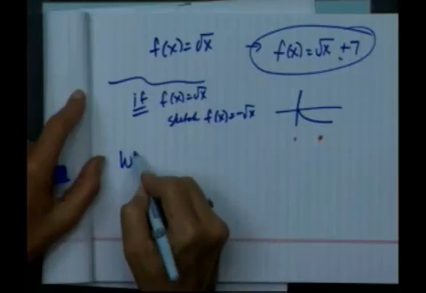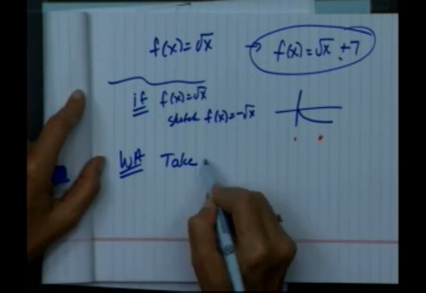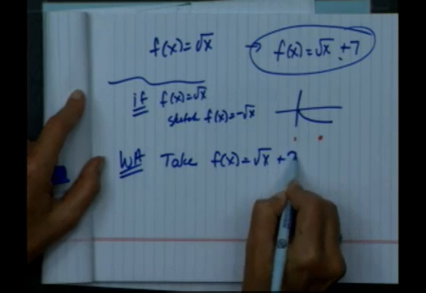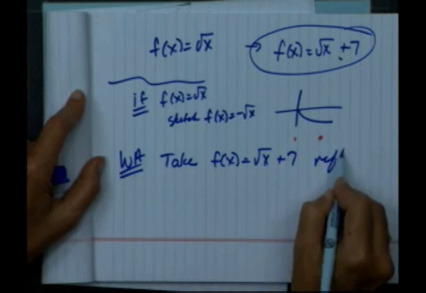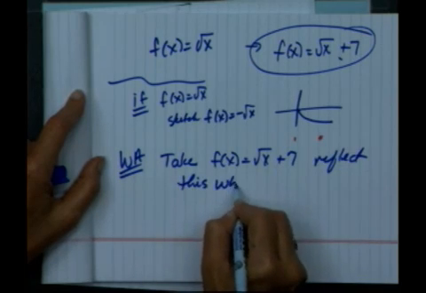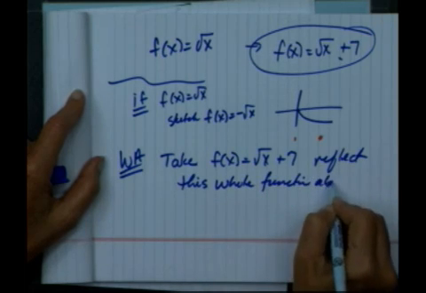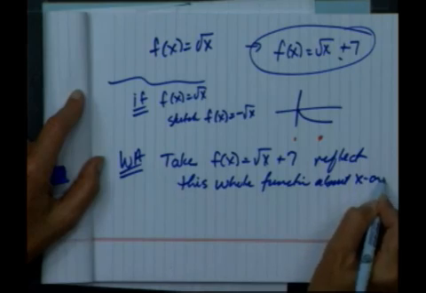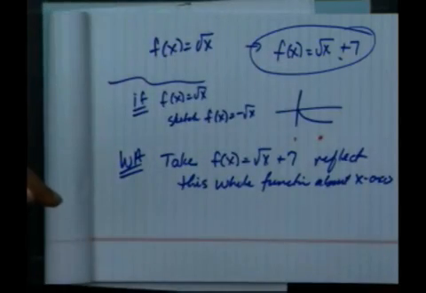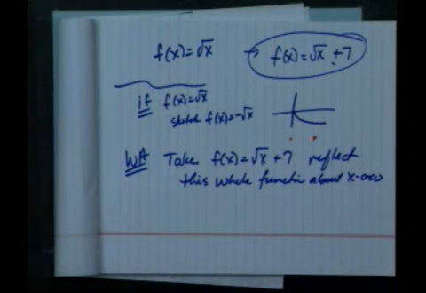It basically said take your new function that you've created and reflect this whole function about the x-axis. Okay, it didn't want you to take this up and then reflect there. It wanted you to take this whole thing and send it across.